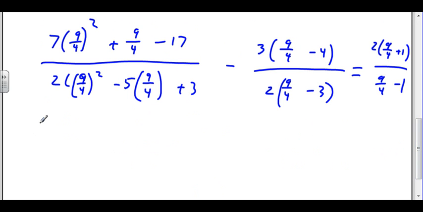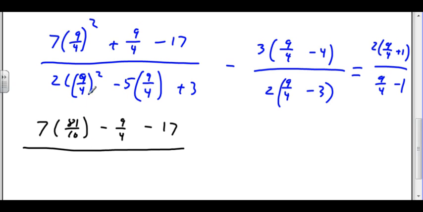All right, so we got 7 times 81 over 16 minus 9 over 4 minus 17. I don't even have a common denominator yet. Divided by 2 times 81 over 16 minus 45 over 4 plus 3.